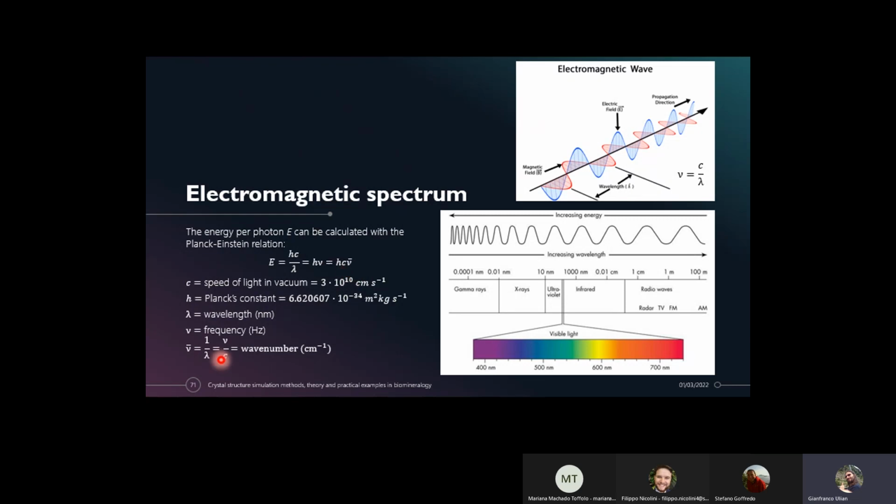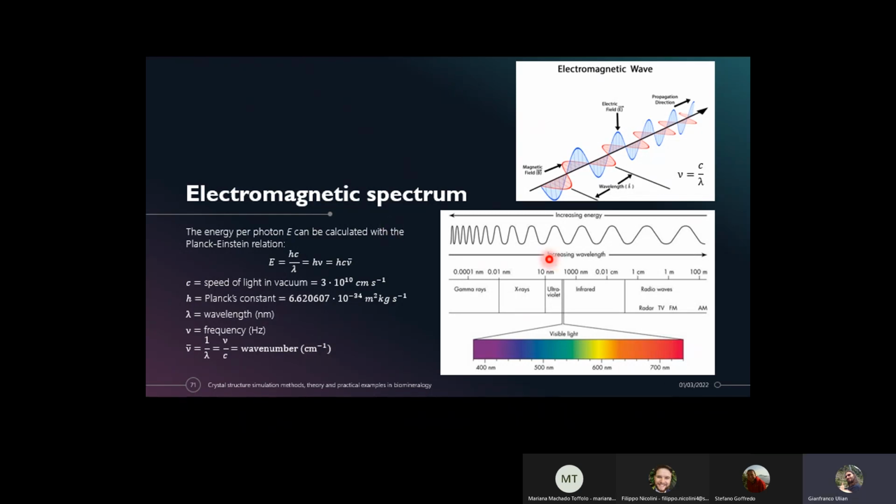The wave number is the inverse of the wavelength. This is typically represented in reciprocal centimeters. This is a spectroscopic measurement unit.